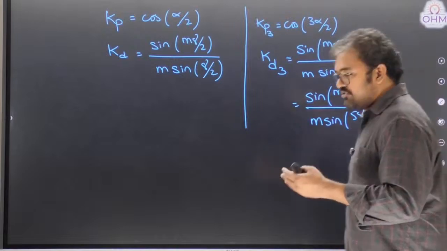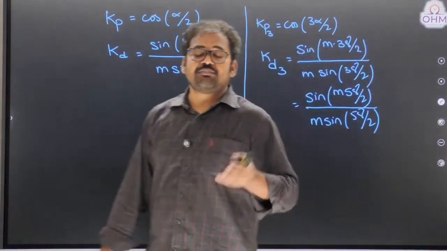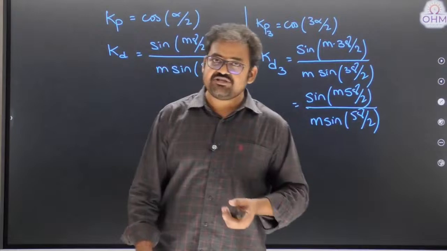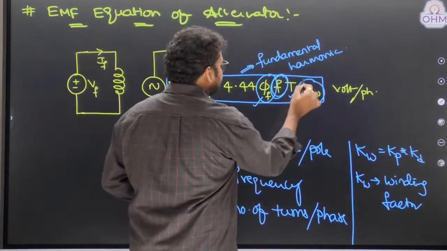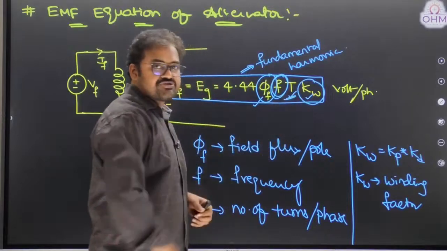So, whenever the harmonic number changes, the pitch factor and the distribution factor also change, thereby the winding factor will also change. The number of turns remains a constant value.